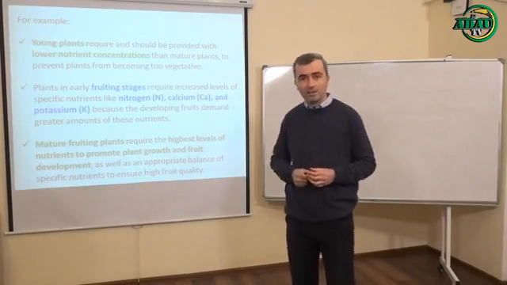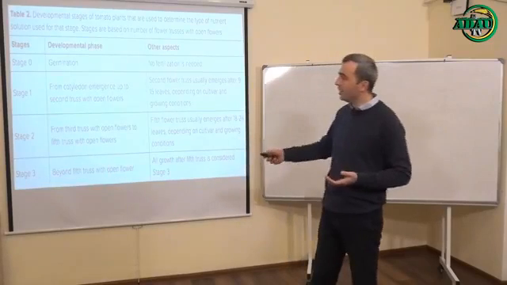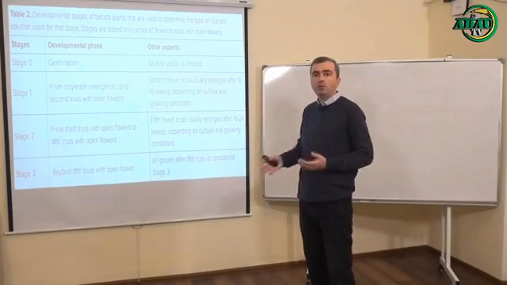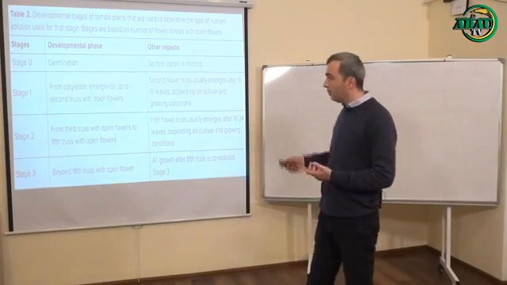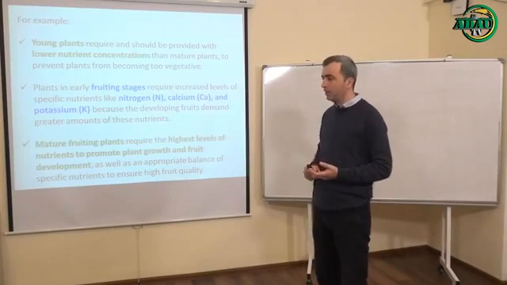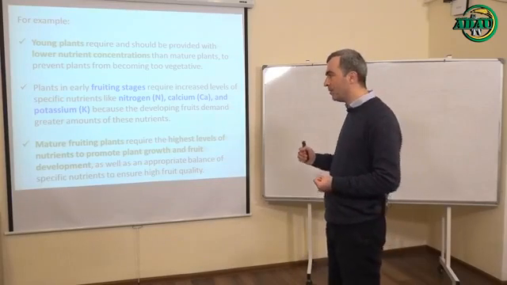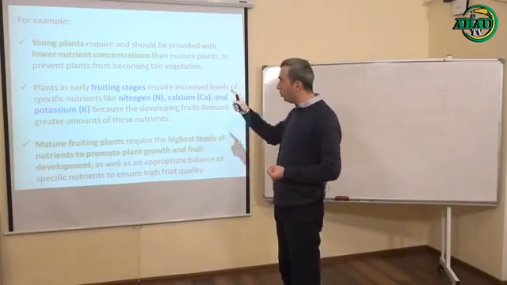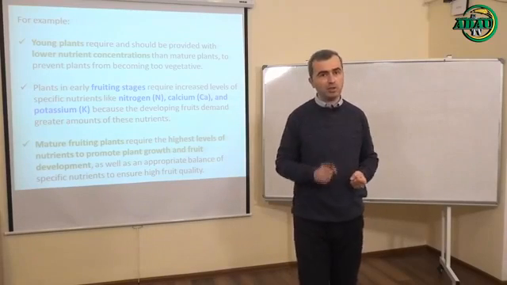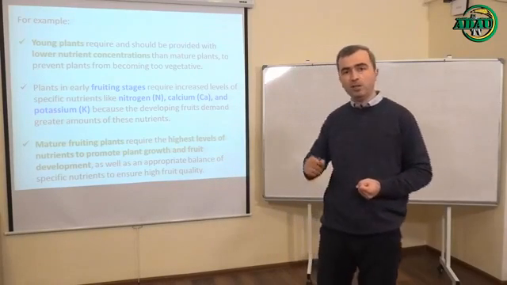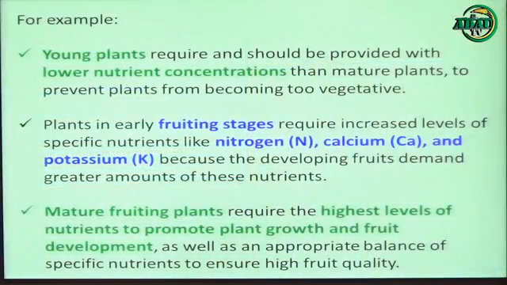Why, you may ask, do we need this division? Why do we need all of these stages 1, 2, 3, what we will look at, and how does that affect the plant? By knowing this, we may regulate. You should remember that young plants require low nutrient concentration, because with a higher nutrient concentration they will be pushed towards growing vegetatively.